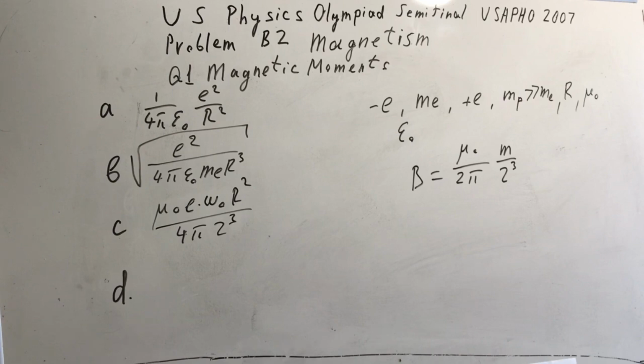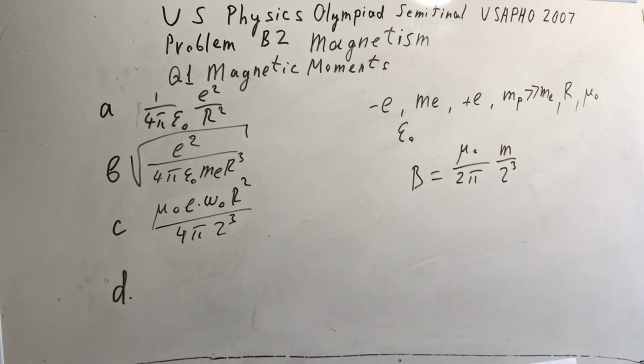M is the magnetic dipole moment, and mu 0 is the magnetic permeability of free space. Assuming that an electron orbiting a proton acts like a small bar magnet, find the dipole moment m for an electron orbiting an atom in terms of any of the following things.